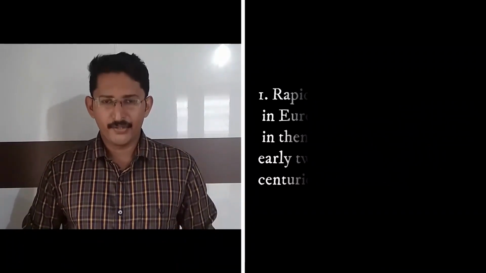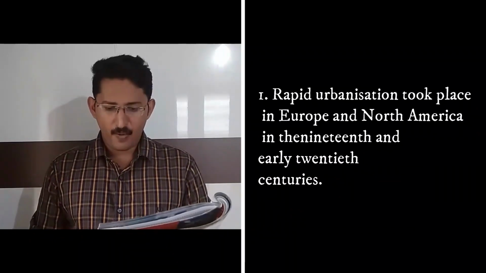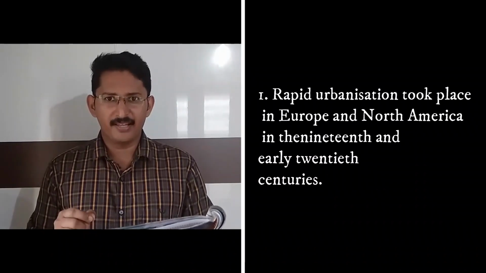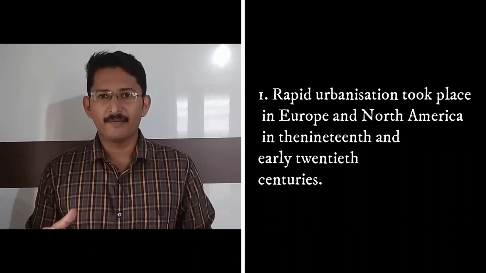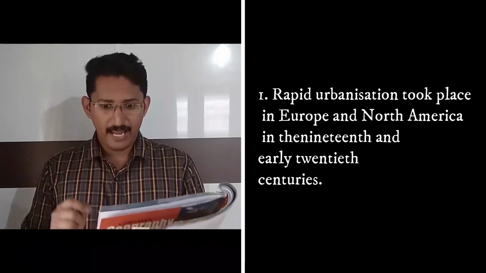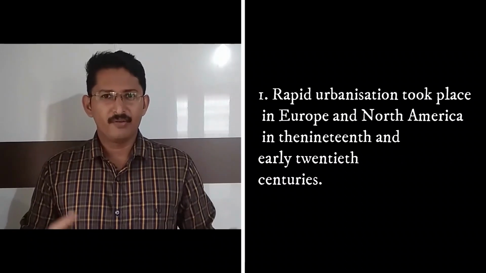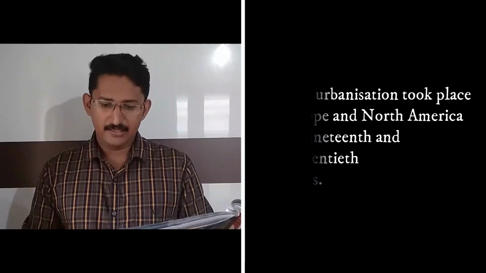Rapid urbanization took place in Europe and North America in the 19th and early 20th centuries. So we have to correct the 18th and early 19th century to the 19th and early 20th century. So I hope you got the answer.